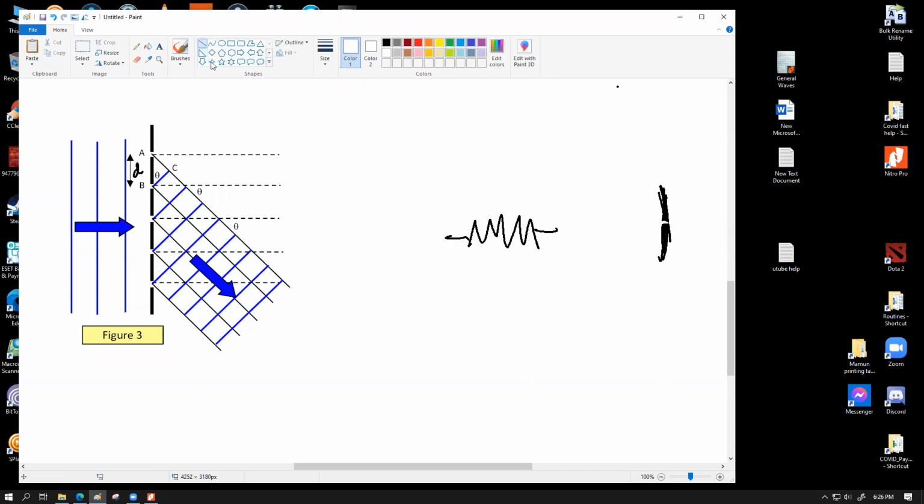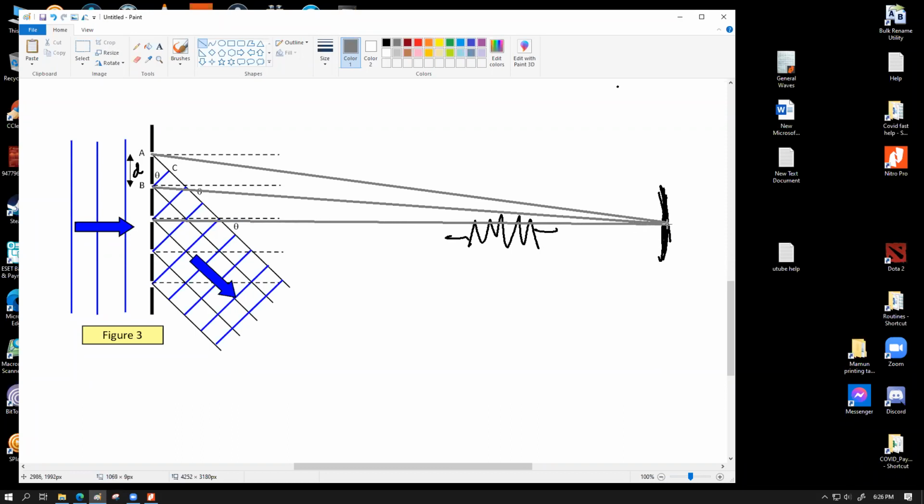So if I just exaggerate this figure a little bit to make sense of what I'm trying to say, let's say one light ray comes from this source to this point, another light ray comes from this source to this point, and this one to this. Geometrically, it is impossible that these 3 lines would be of equal length.